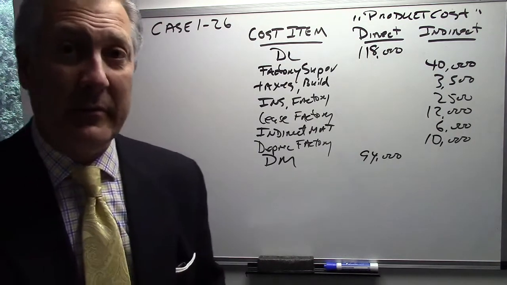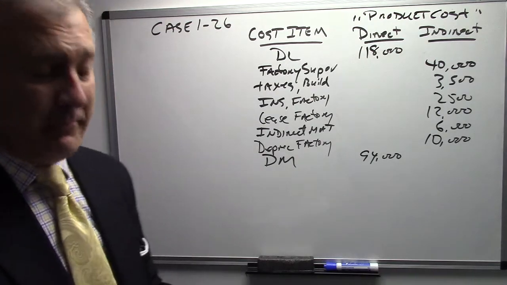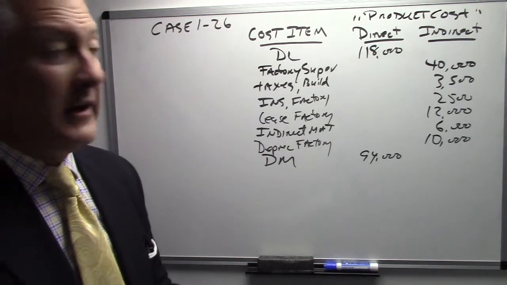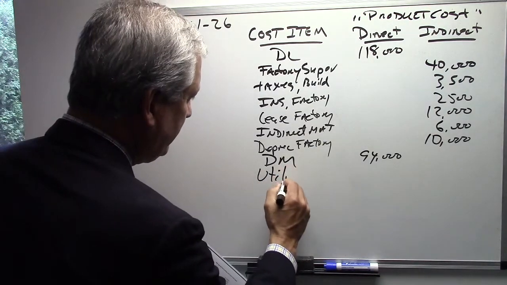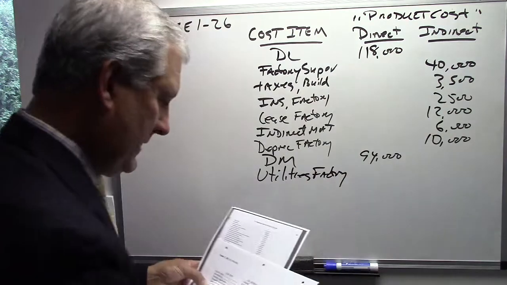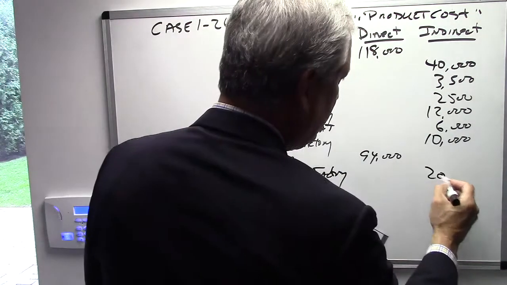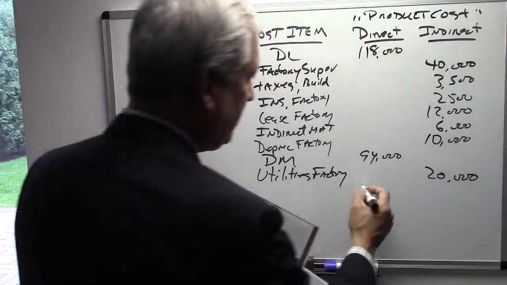And that's variable because it depends on how many units they produce probably. It's clearly a product cost because it's on the factory. We'll call it utilities, factory. And that's going to be $20,000. That's one of those other factory costs associated with manufacturing overhead.